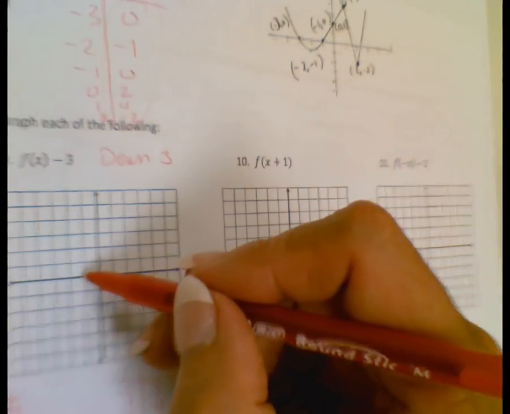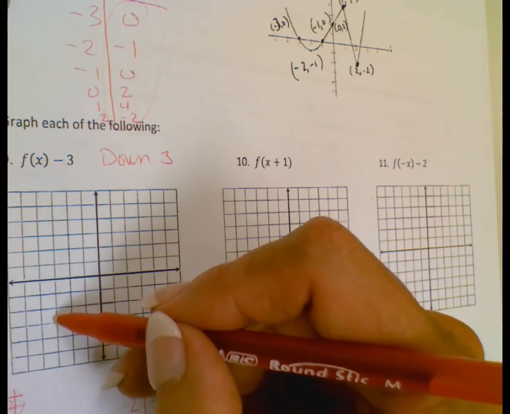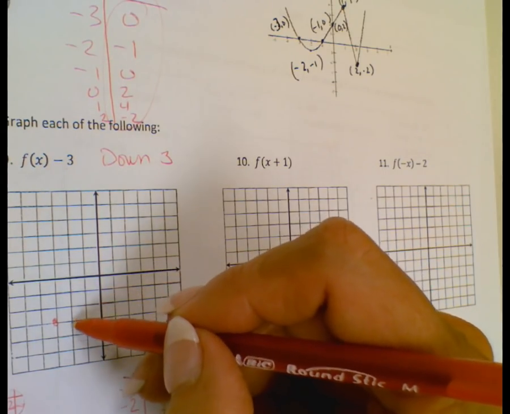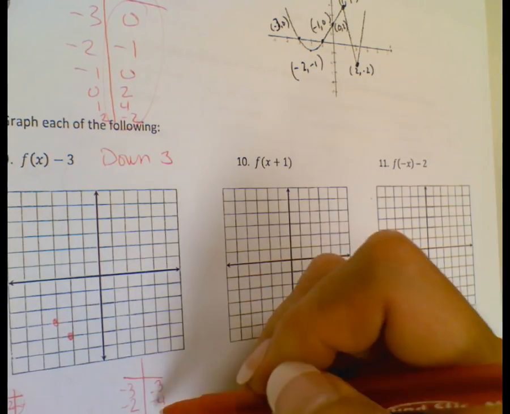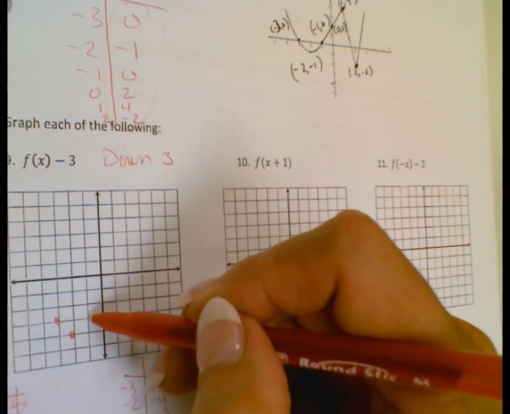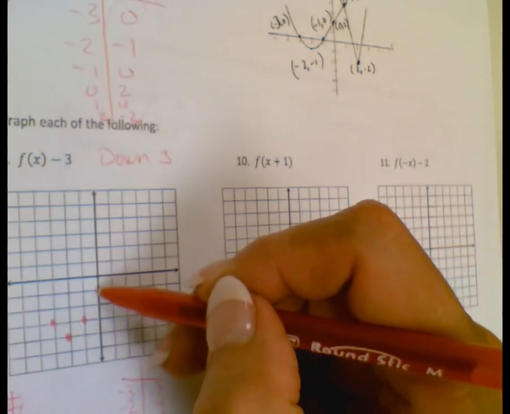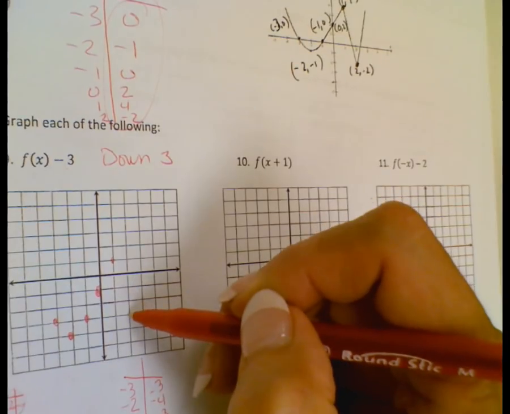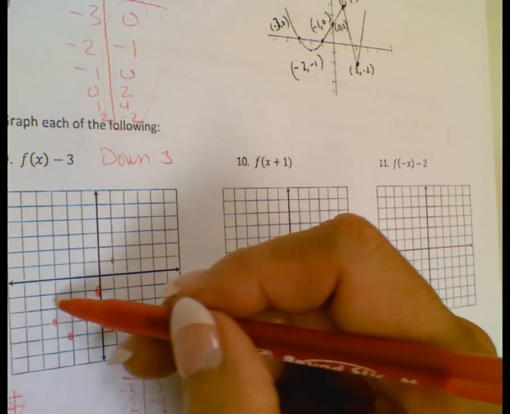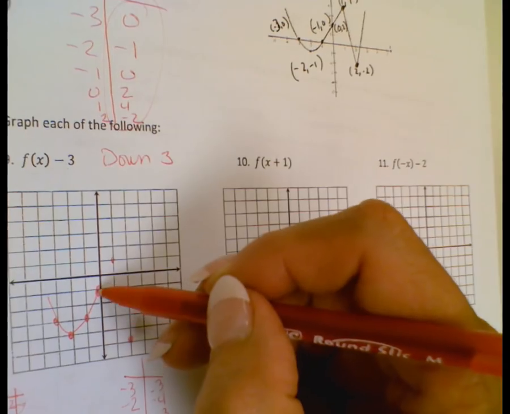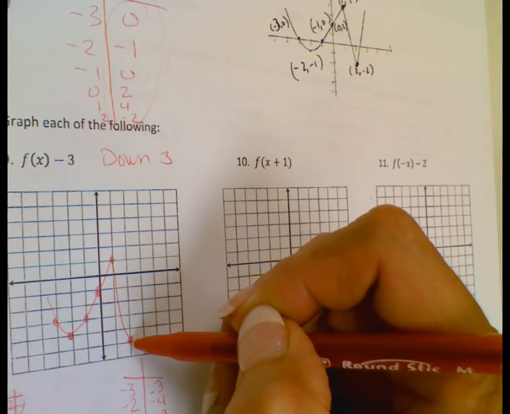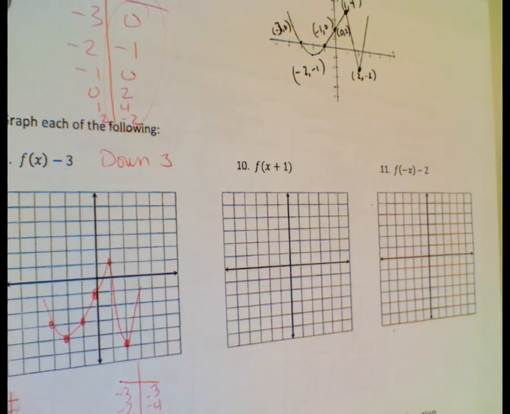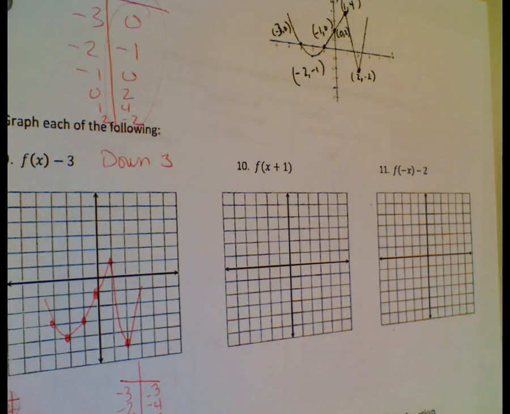So it means you're going to go -3, -3; -2, -4; -1, -3; 0, -1; 1, 1; 2, -5. And you're going to try to graph it the same way you saw the one up there. And it kind of got like that. It's the same shape. You just moved everything down 3.